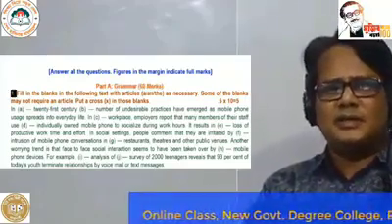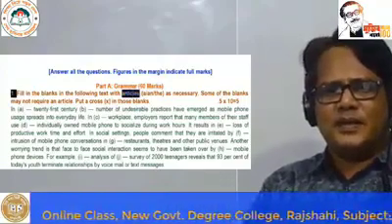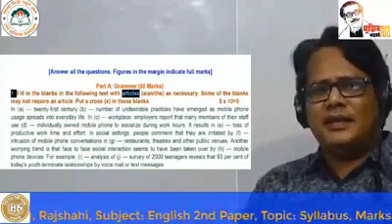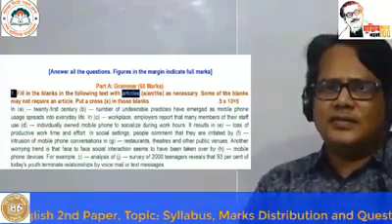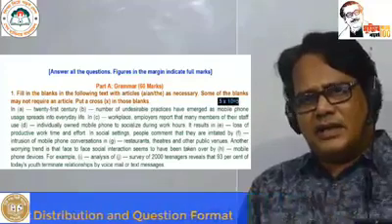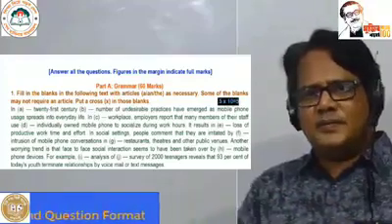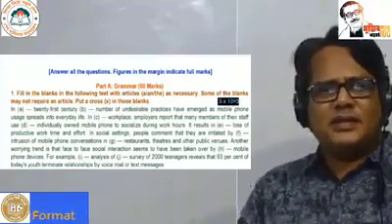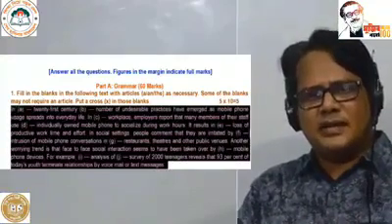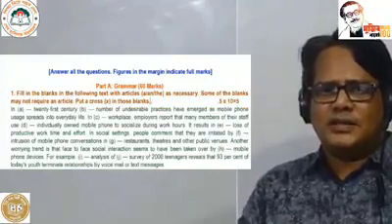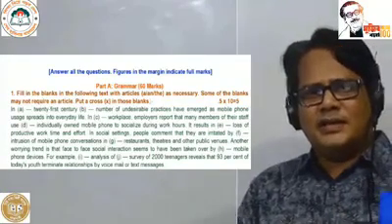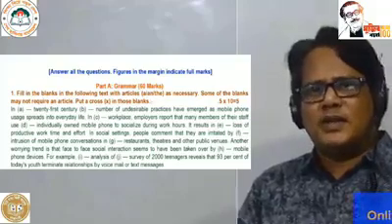Question number 1 is use of articles. And you know what are the articles: a, an and the. And mark is 0.5 into 10, and this is 5 marks. There will be a passage having 10 blanks and you should use the right article. If no article is needed, then put a cross mark.